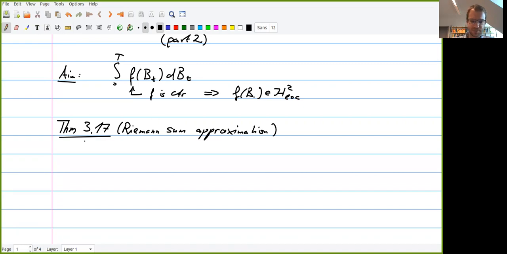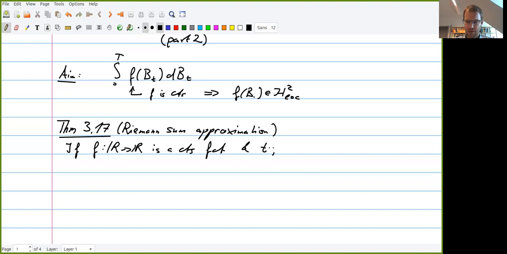Okay, so let's assume f is continuous. Let's write it out: the function from R to R is a continuous function. And we pick a refining sequence of partitions.